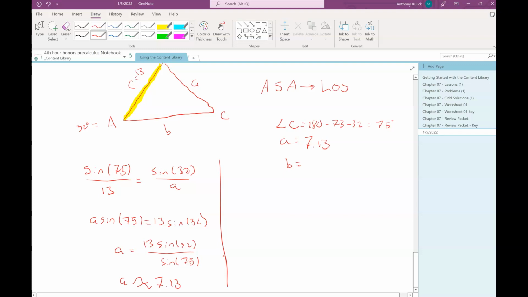Now to get side B, I can just do the Pythagorean theorem, right? No, why not? It's not a right triangle. What do I have to do? You have to do the same thing I just did. Very good.